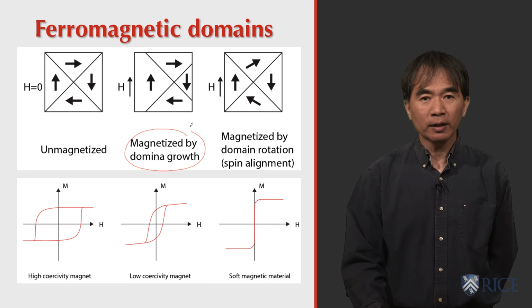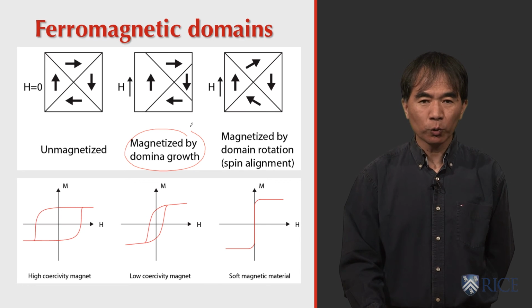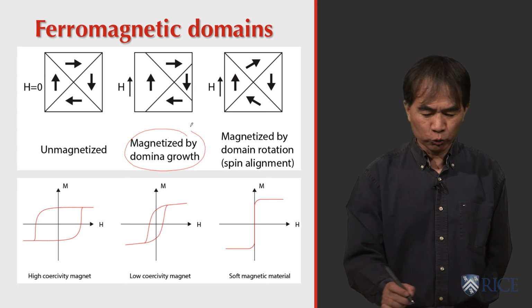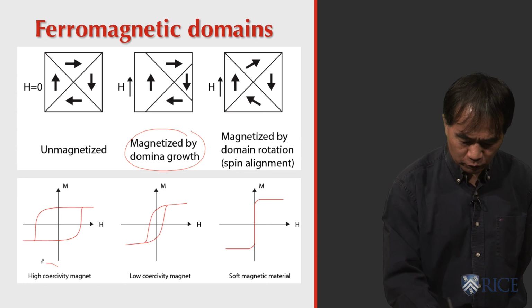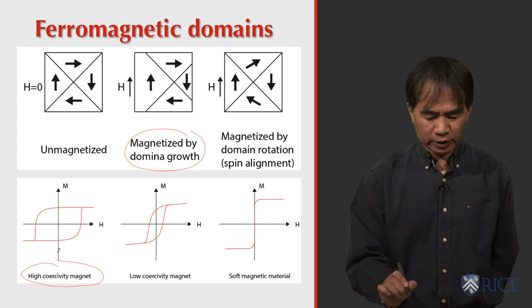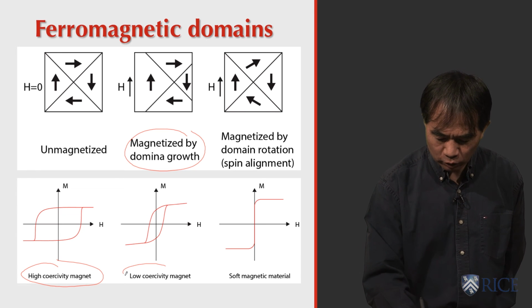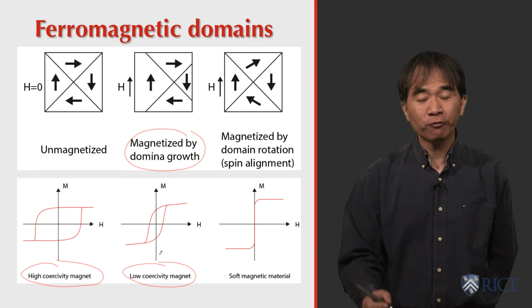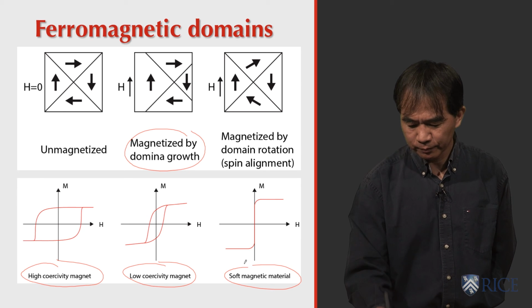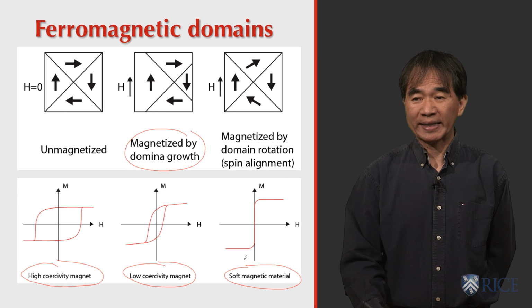And then depending on how much you need to go through this hysteresis loop, you can have a high field needed for this, and a low coercivity field needed for this. And for a really soft ferromagnet, you'll have no remnant magnetization at all.